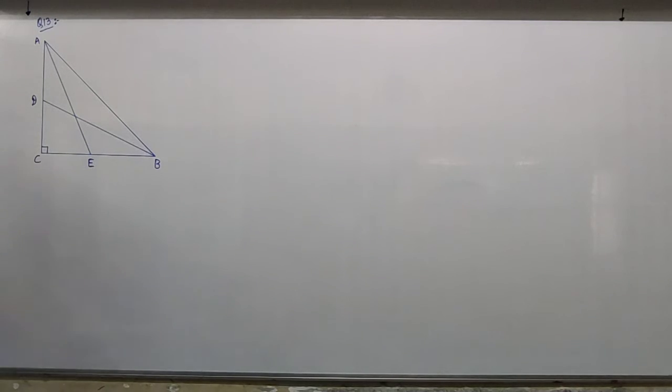So these are the points D and E on the sides CA and CB respectively.